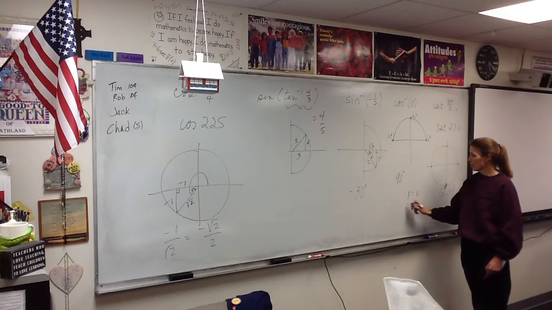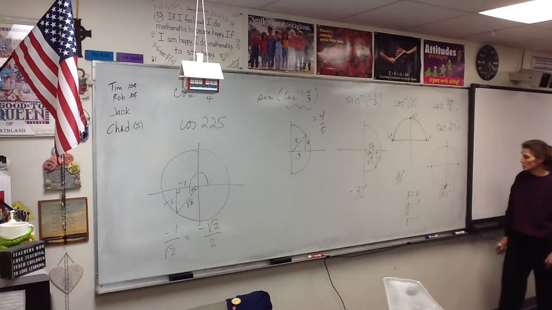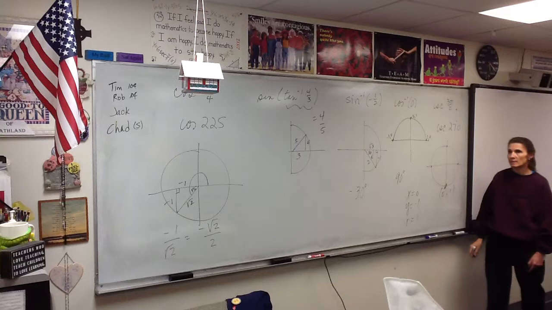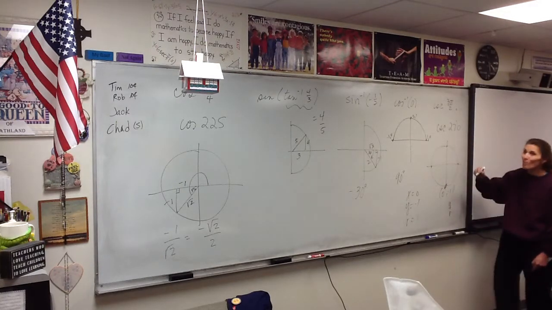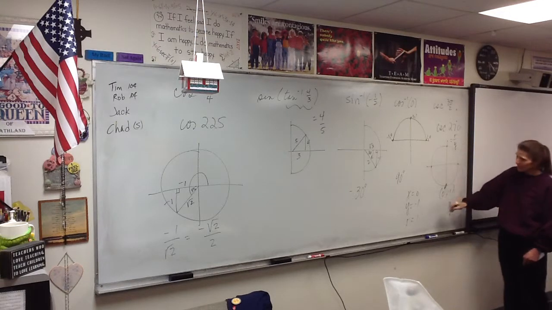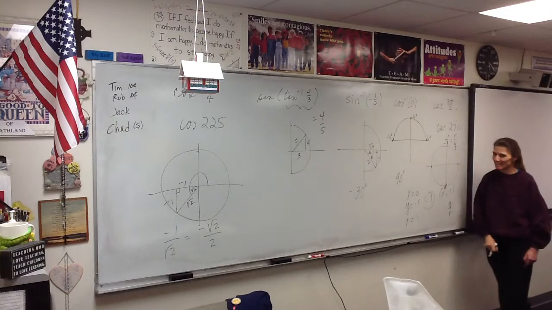X is 0, y is -1 if the radius is 1 for 270 degrees. I want the cosecant. Cosecant is the reciprocal of sine. Sine is y over r, so cosecant would be r over y, which is 1 over -1 or -1.